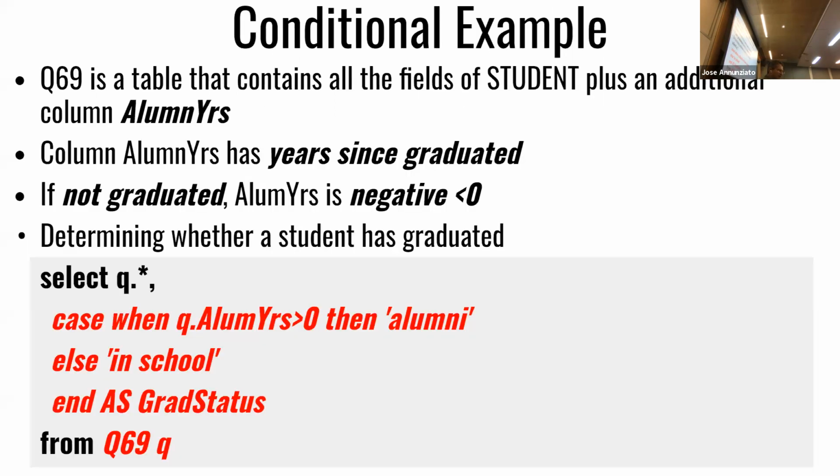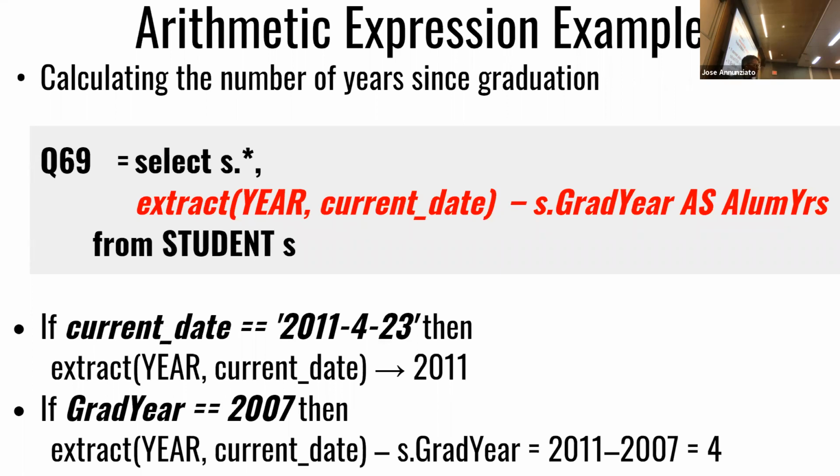Where we might want to calculate whether a student is an alumni or not. So for instance, we could take all the students, take all the fields of the student, and then add a new field called alumni years, how long this person has been an alumni.